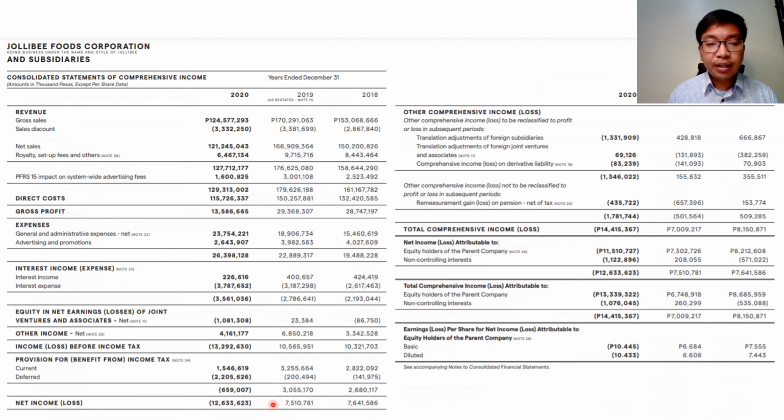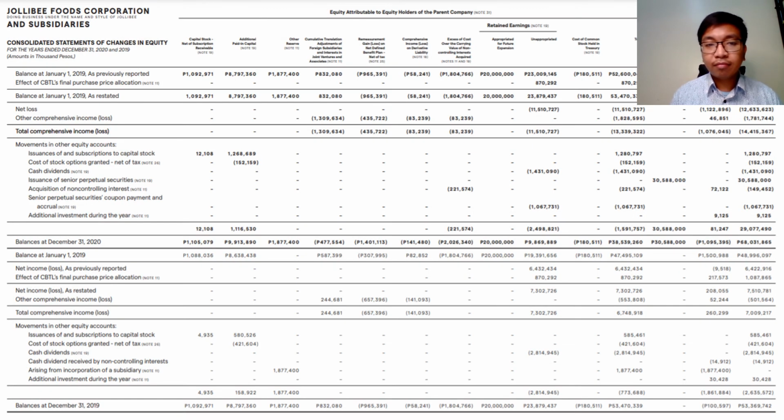So for 2020, we have a net loss of 12.6 billion and total comprehensive loss of 14.4 billion. So this shows the profitability of the company.